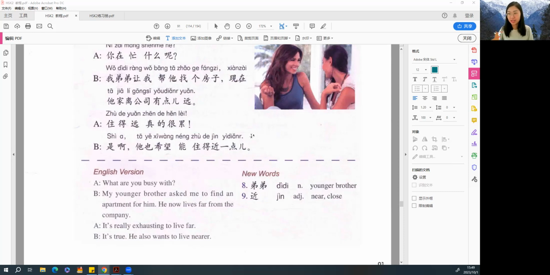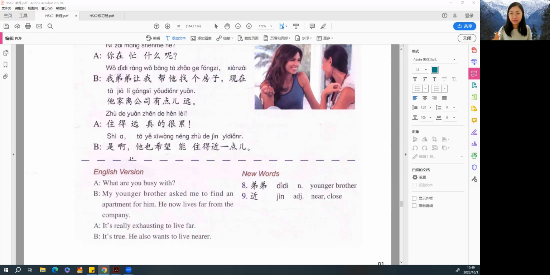Do not look at the pinyin, and just speak it out while looking at the actual Chinese characters. This is a very good method to train your brain to get used to all of those Hanzi.